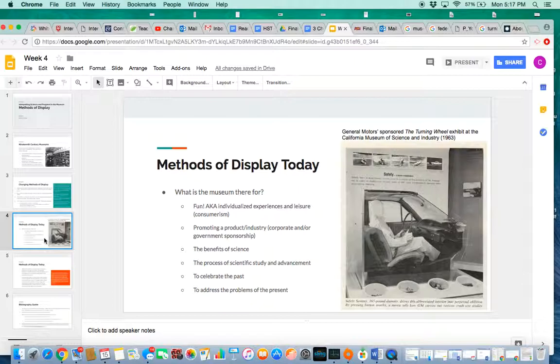Cold War era America, right after Sputnik, there was a lot of reason to push students and adults into science-based fields and understanding science. To teach people about the process of scientific study and advancement, which you'll also see the comparison in the Arnold article.